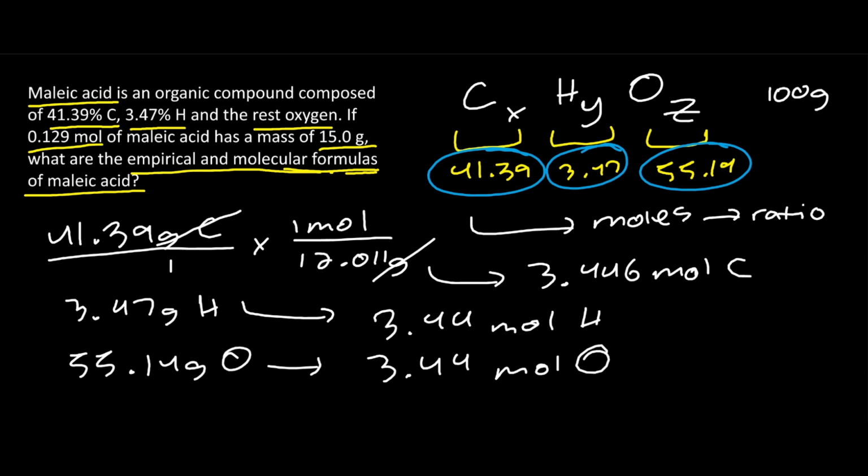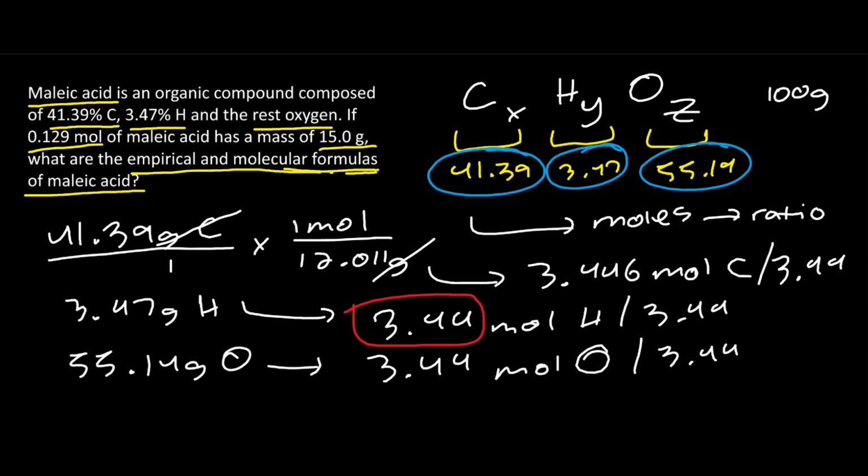So now that we have these ratios, we should take the least number and then divide all of the moles by it. So essentially we're going to see here that 3.44 is the smallest number, so we're going to divide each of these by 3.44 to get our mole ratio here.